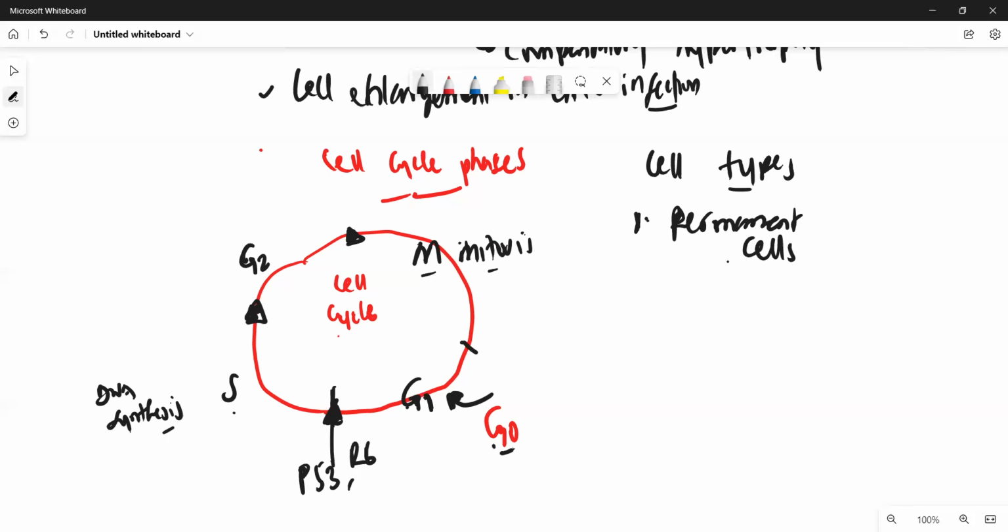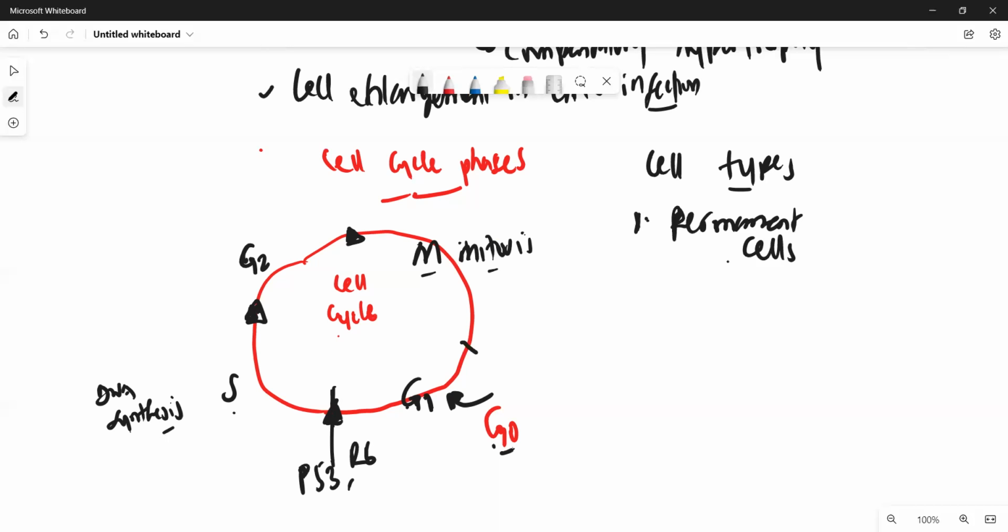So you don't see permanent cells going to the G1 and going to the S phase or G2 phase to divide. So that's why we refer to them as permanent cells. Those cells remain in the G0 phase, and if there's a need for them to regenerate, they have to regenerate from the stem cells.